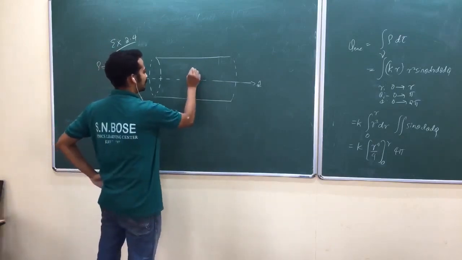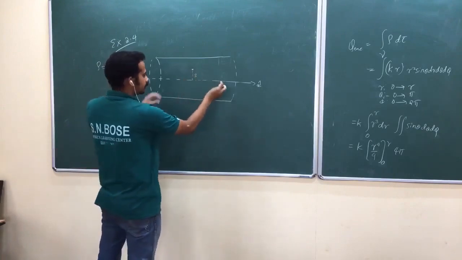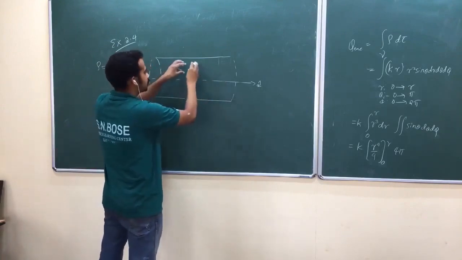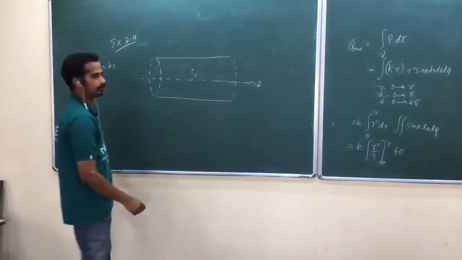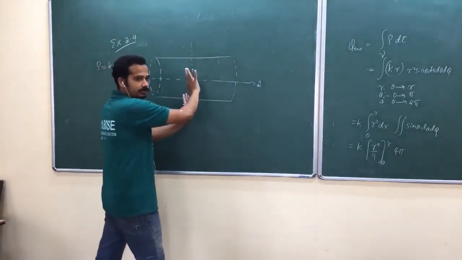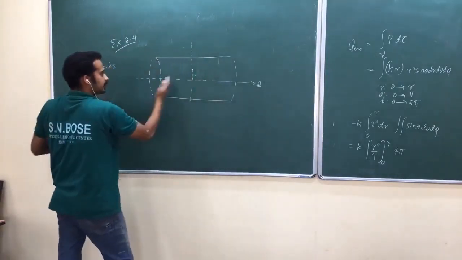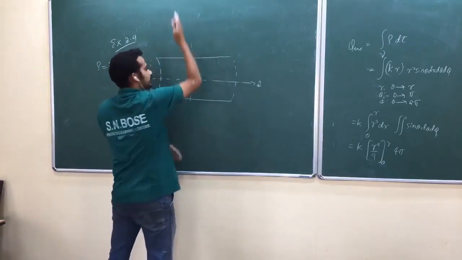No, don't say like that. Try to argue. Suppose you take a point here and take two elemental charges here; they will produce an electric field in this direction. The charge distribution is the same on the right-hand side and the left-hand side of this line, so they should contribute this kind of electric field.